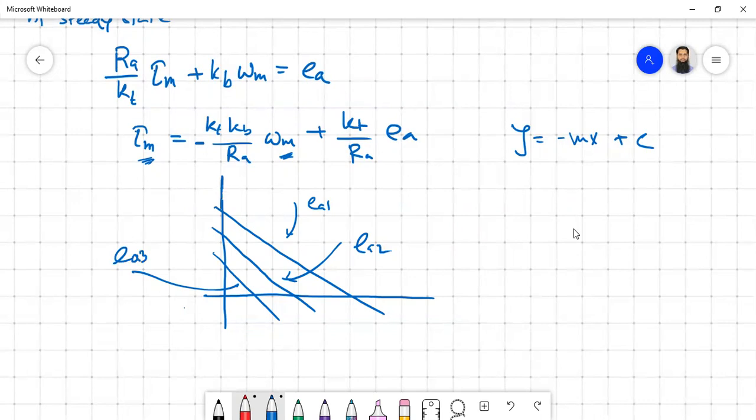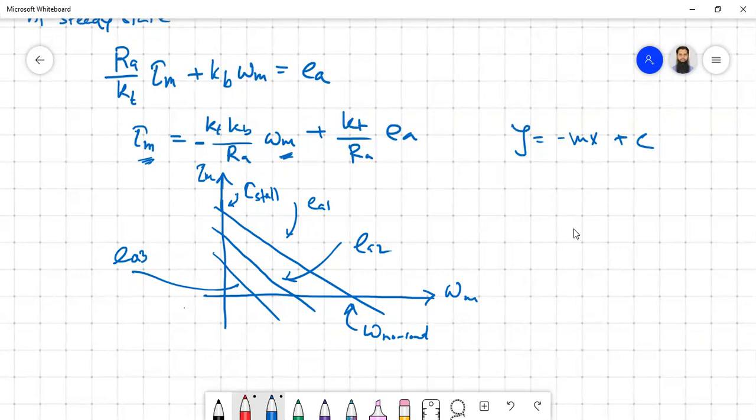And also we can have here what is called the stall torque. This is tau m, this is omega m, and this is called the no load speed, omega no load. If there is no load, what will be the speed?